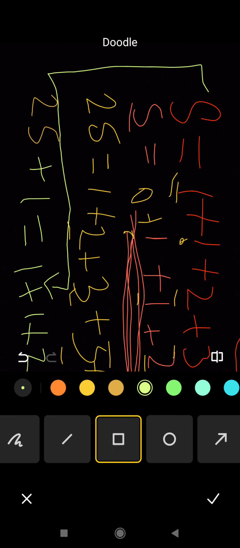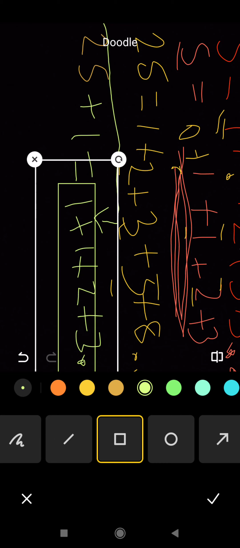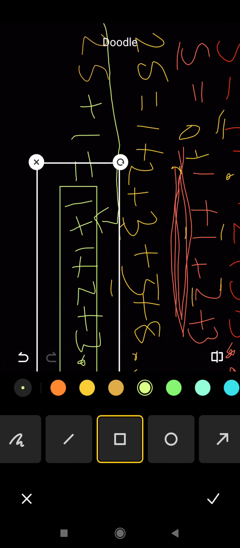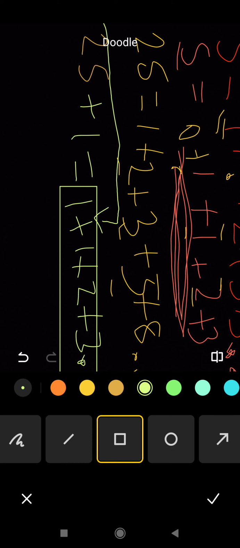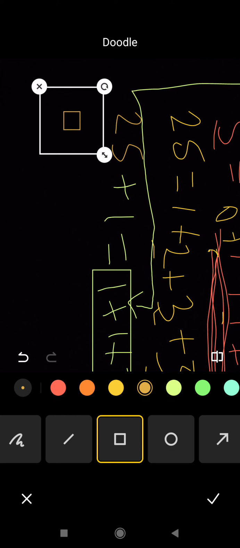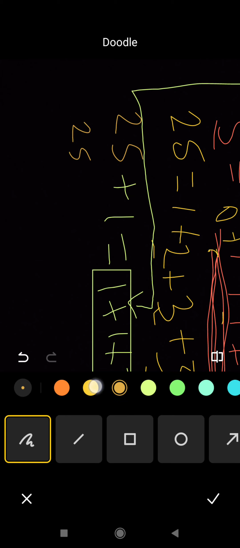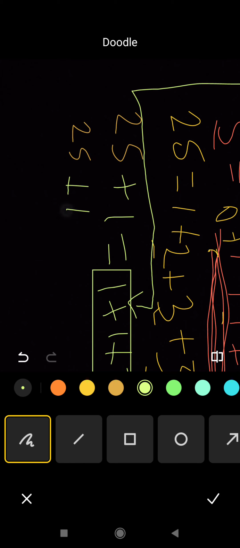Let me outline that series. This series must be equal to S, right? So can't we just substitute S in this place and see what happens? Yes, let's do that. So we get 2S plus 1 is equal to S. Now we subtract S from both sides.